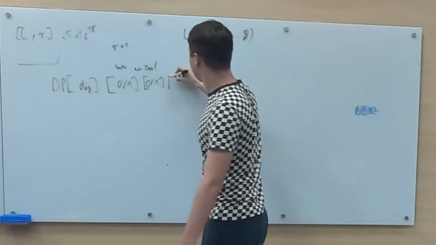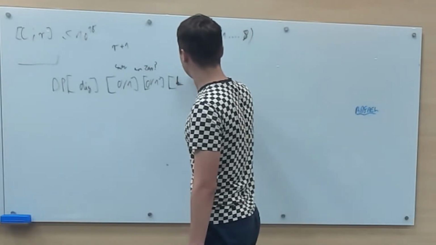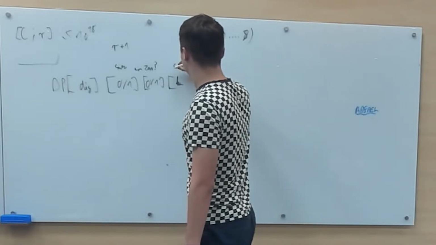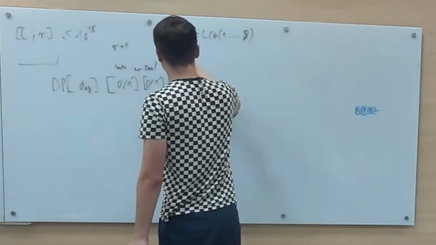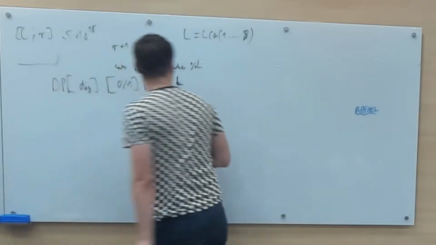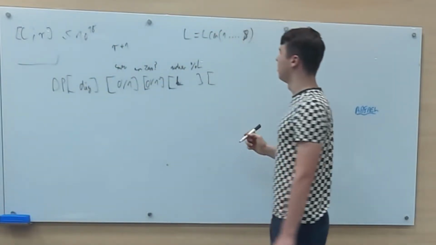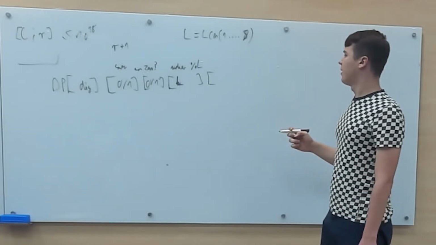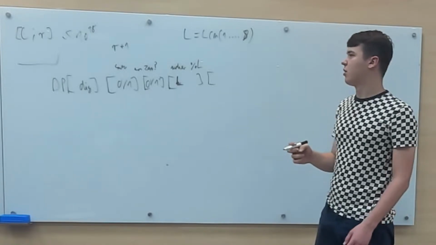So here this dimension is L, and here we will maintain the number modulo L. And we also need to have a mask of digits which are already used.